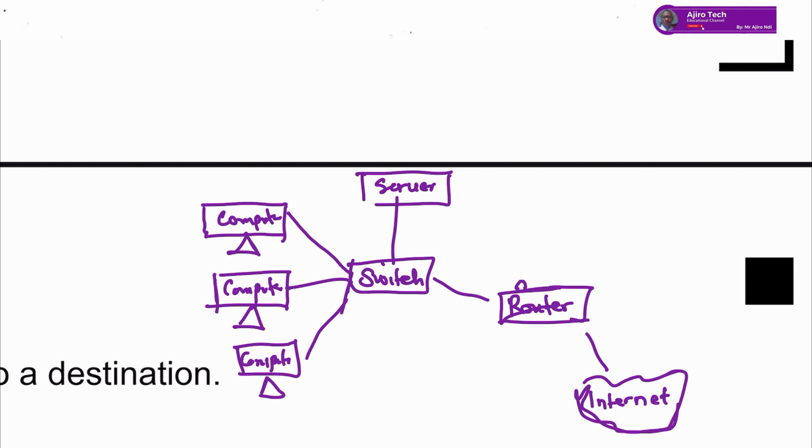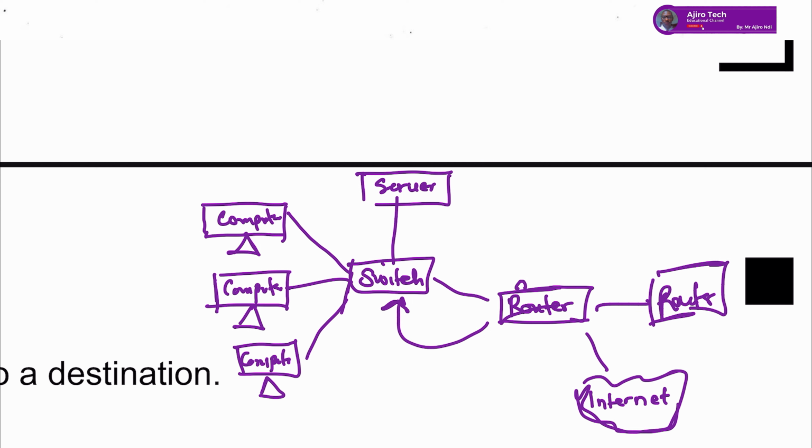If the data packet is meant for its own network, then the data packet is routed to this local switch here. Otherwise, it is transmitted to a different router. So in this case, there could be another router here, right? Or it could be an external network, right?